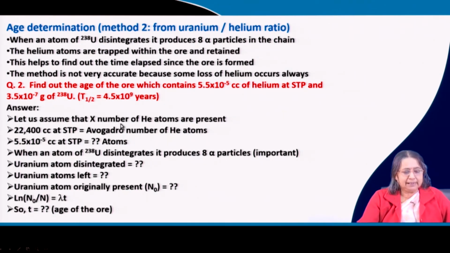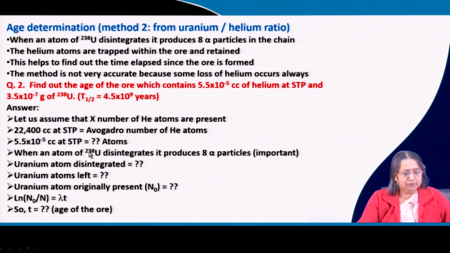Let us assume that x number of helium atoms are present. 22,400 cc at STP is equivalent to Avogadro number of helium atoms, that we know. So, this much cc at STP is how many atoms?